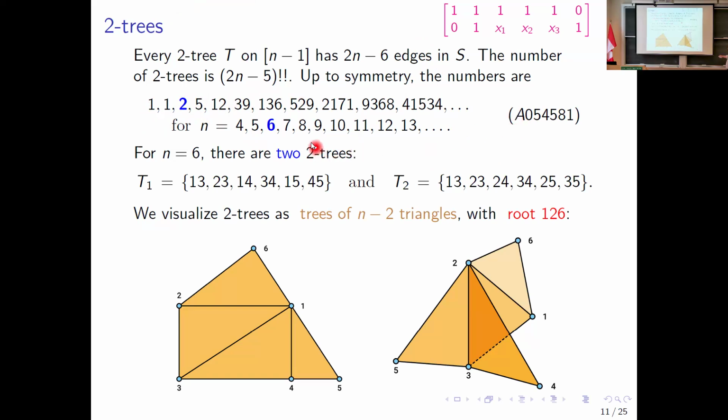Now in particular, if n is 5, then there are 2 non-isomorphic two trees, and I have visualized them here in these yellow pictures. In these two trees there are canonical triangles, because each time I have an old edge and I glue in 2 new edges, and I think about this as a yellow triangle. So let's look at this one. Here, I'm starting with 1, 2.